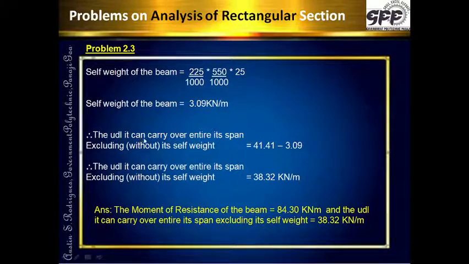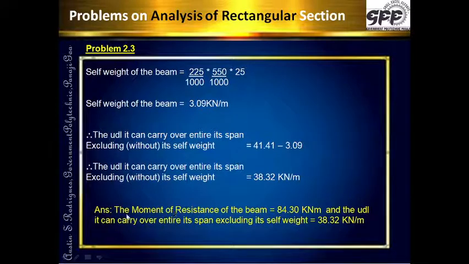So the UDL it can carry over its entire span, excluding its self weight, would be 41.41 minus 3.09, equal to 38.32 kilonewton per meter. So this much load we can allow on the beam without its self weight.